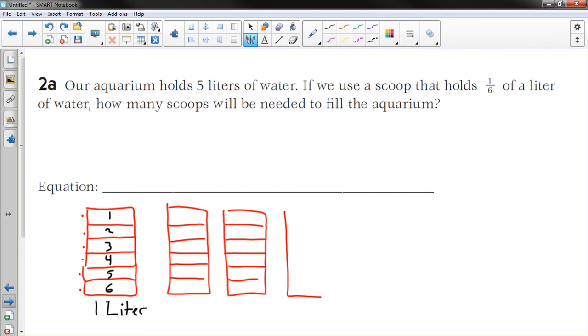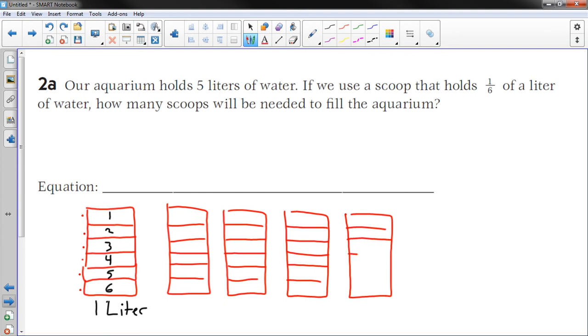Because there's 5 liters, and inside the 5 liters it takes 6 scoops to fill them up. So there's 6 scoops in the first one, there's 6 in this one, right?